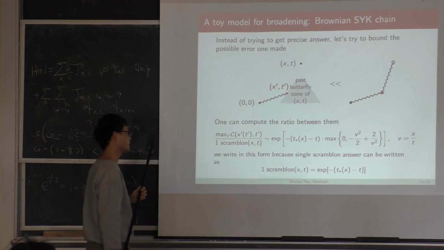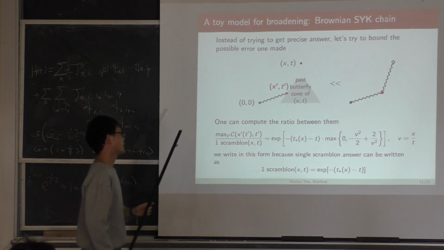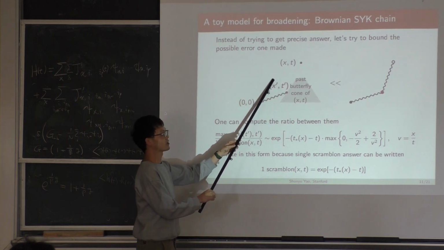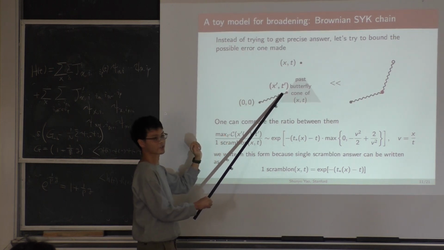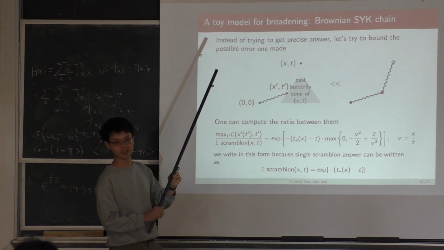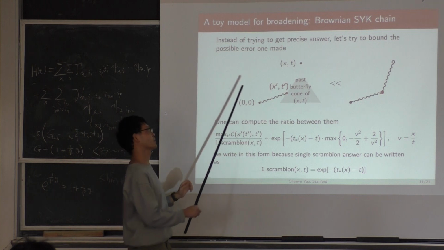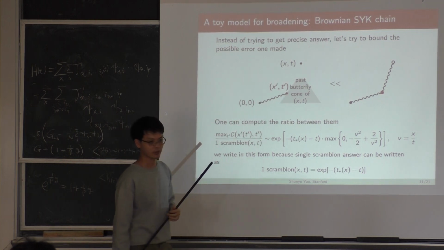So that's what this past butterfly cone means. And when you integrate over the intermediate point, as long as you are outside of this gray region, you actually didn't make any mistake. The single scramble propagator is correct there. The only place where you make a mistake is inside this butterfly cone.